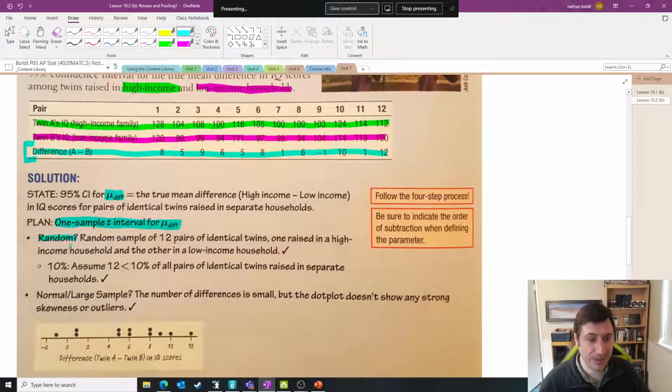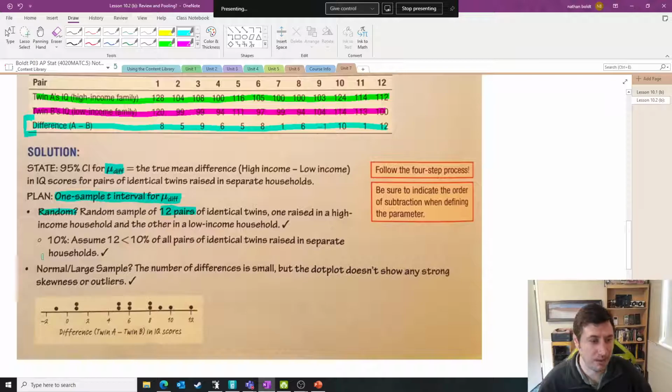Did we take a random sample? And I think the problem did say that yes, we took a random sample of 12 pairs. So each sample, of course, does have to be random, right? All right, 10% condition, that's the same as always. Assume that 12 is less than 10% of all pairs of identical twins. Same as always.